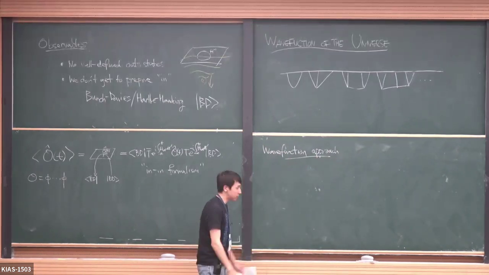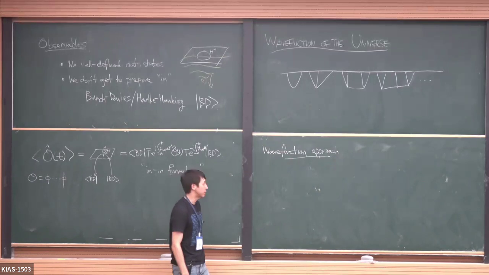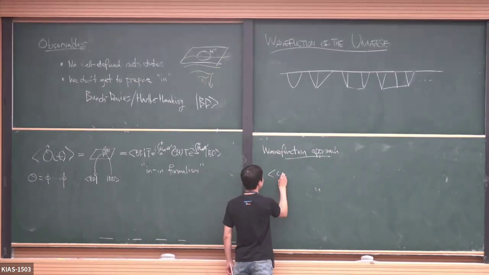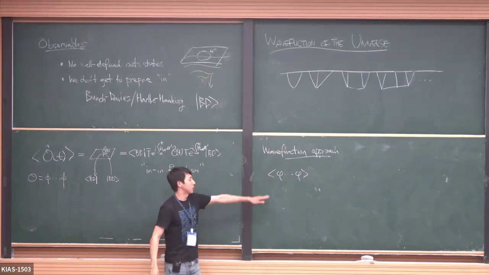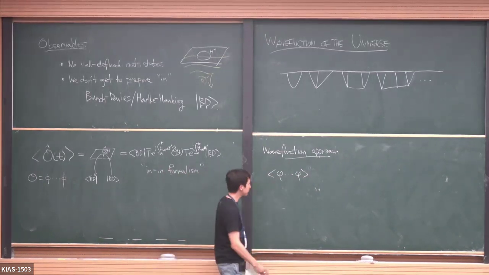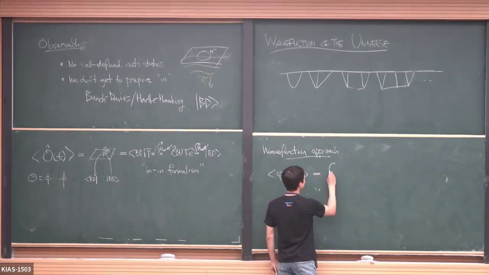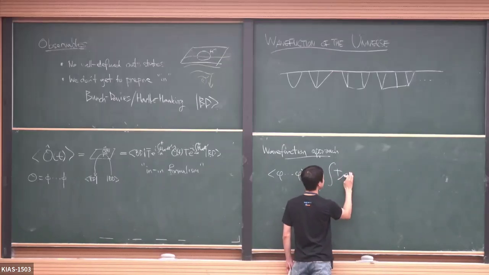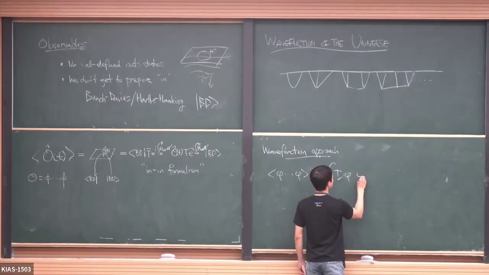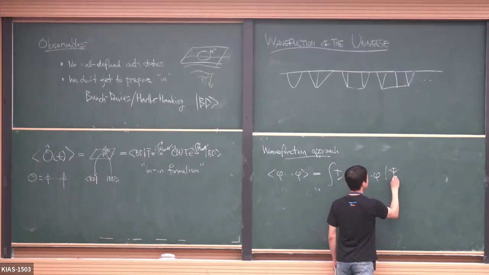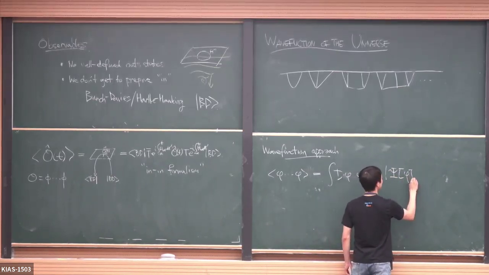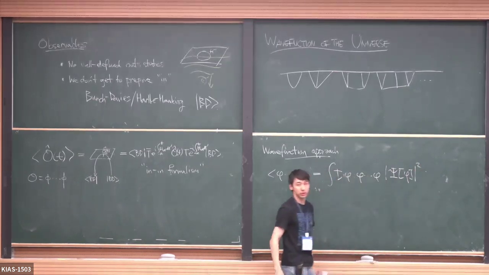So the idea is basically using the idea from quantum mechanics. If you want to compute some expectation value, say of a product of scalar fields, then we can compute it by doing this path integral with some probability distribution given by the wave function squared.